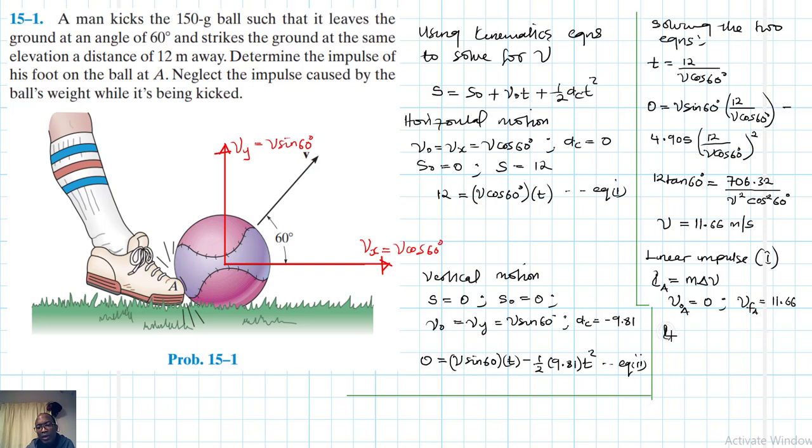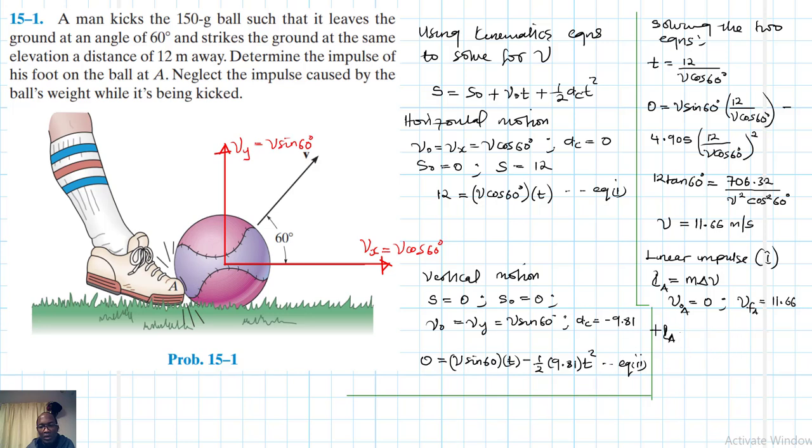Therefore, our impulse at A is just equal to the mass, which in total is 150 grams. So we can change this to kgs, 0.15, we divide it by 1,000. And then we multiply this by the change in our velocity. So let me write this properly once more.